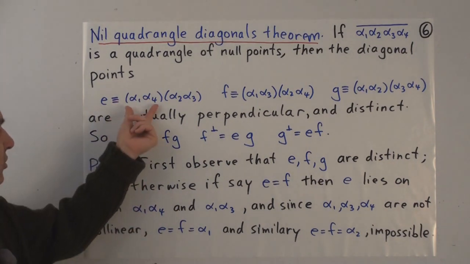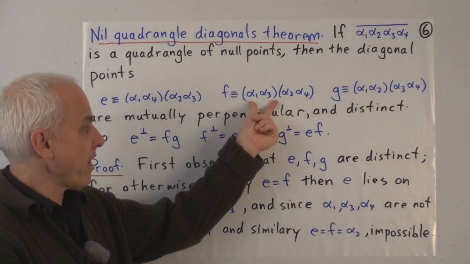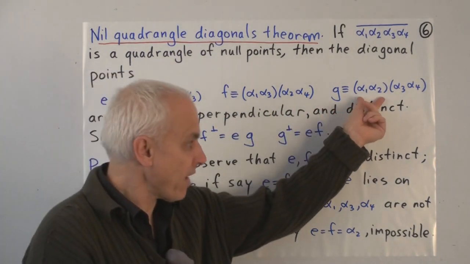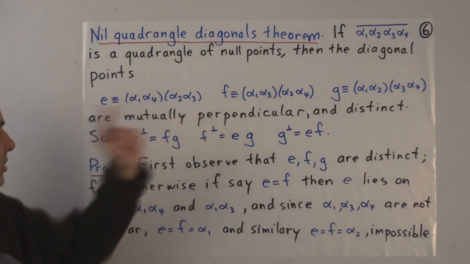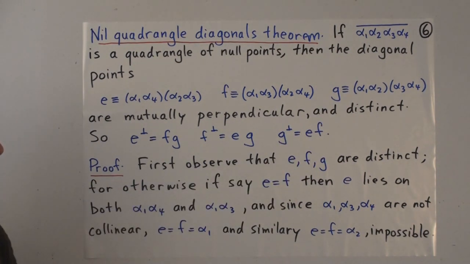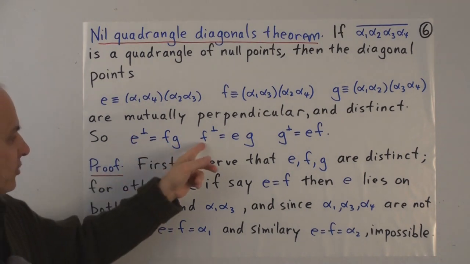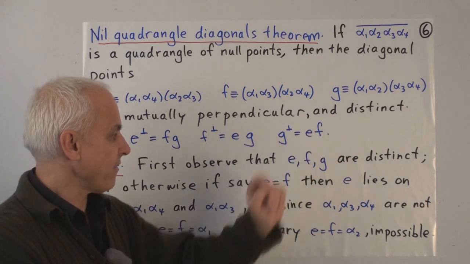In other words, it's the meet of this line with this line. F is the meet of alpha 1, alpha 3 with alpha 2, alpha 4. And G is the meet of alpha 1, alpha 2 with alpha 3, alpha 4. These 3 points are mutually perpendicular and they are distinct. So the dual of E is in fact FG, the dual of F is indeed EG, and the dual of G is indeed EF.